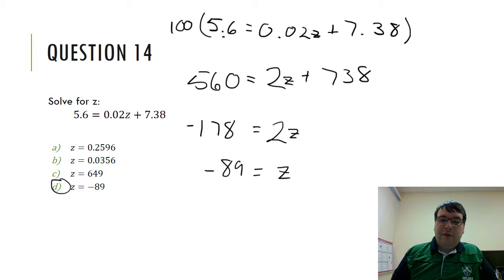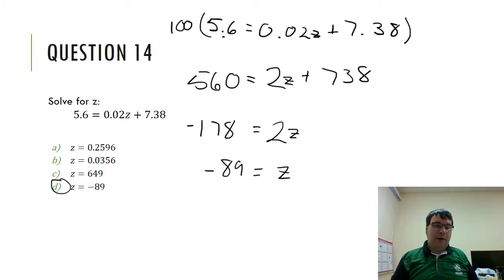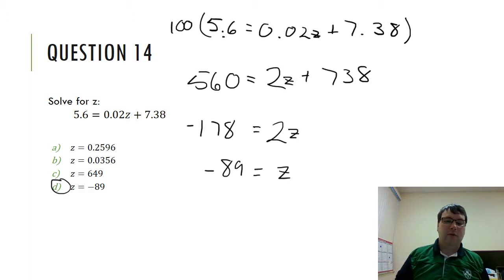When I subtract my 738 to the other side, I have 2z here. Cross that z. On this side, I'm going to have a negative 178. Now, divide by 2 because I want to solve for z here, right? So I divide by 2.